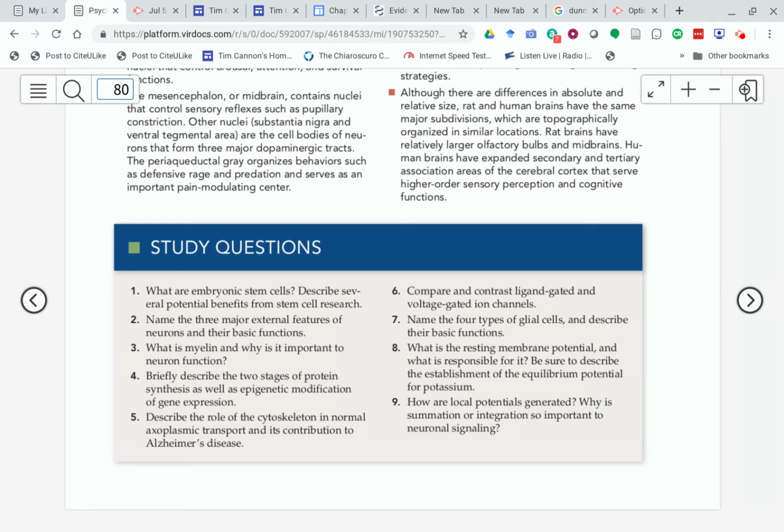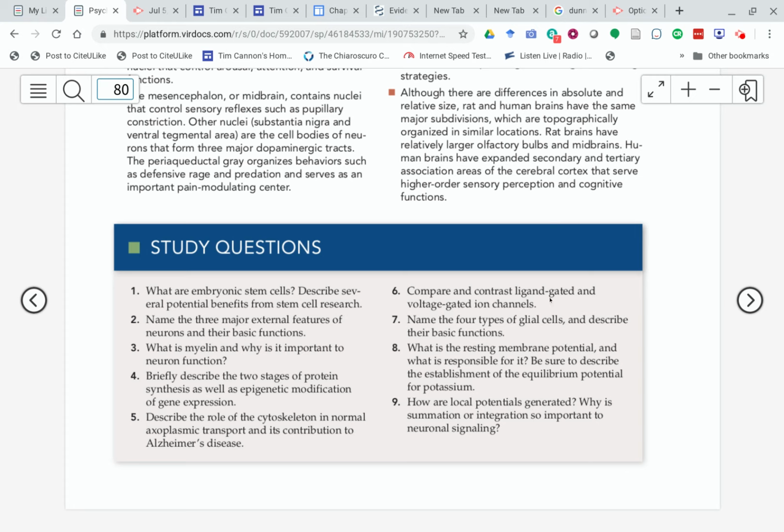You really should understand epigenetics, but don't get sucked into the alternative universe of crystals and stuff. Cytoskeleton, normal axoplasmic transport. I didn't mention Alzheimer's, but that's important. I really recommend, but don't require, that you look at the video because you will see axoplasmic transport.